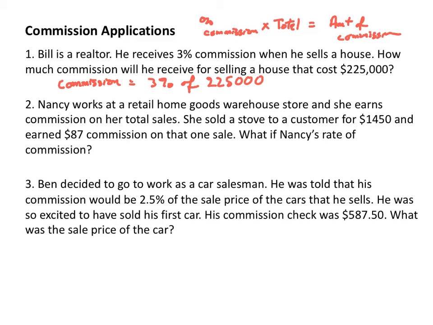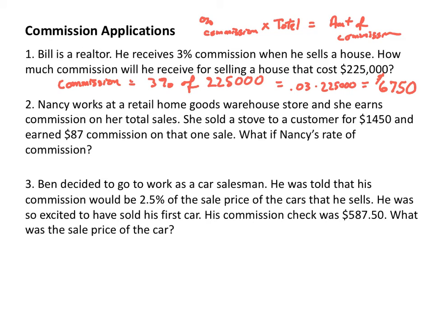All right, so 3% of 225,000 would be 0.03 times 225,000. Don't leave the zeros off because Bill would not like that. 0.03 times 225,000. 6750, that's $6,750. And you might look at that and go, wow, just for selling one house? Yes, and that's pretty good. But keep in mind that there are some months that Bill might not sell a house.